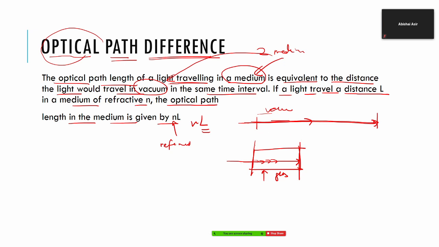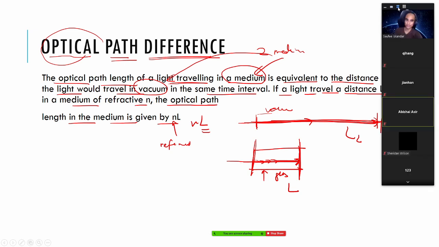So we want to compare, in the same time, how far it can go in the glass and how far it can go in the vacuum. Of course, in the vacuum it must be much longer, and in the glass it will be much shorter.